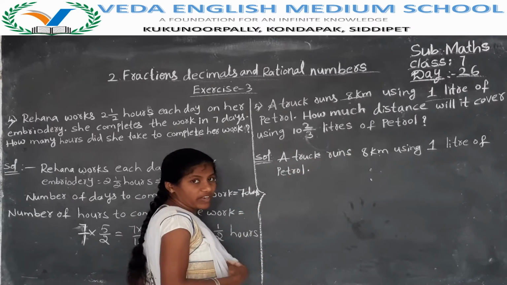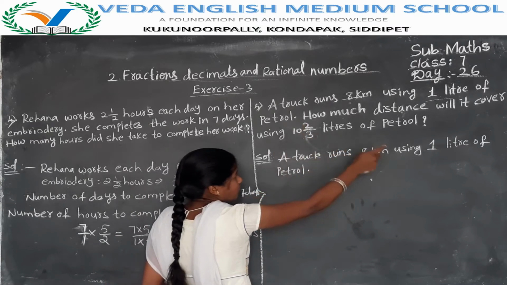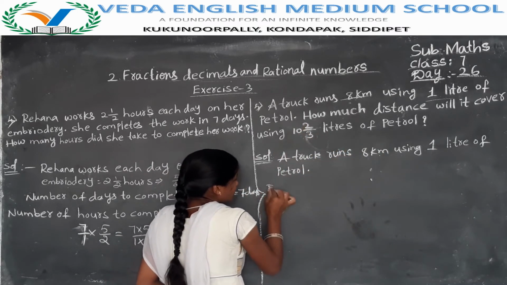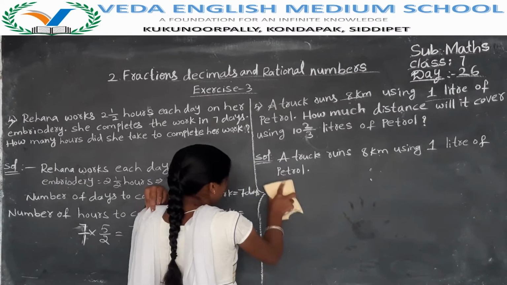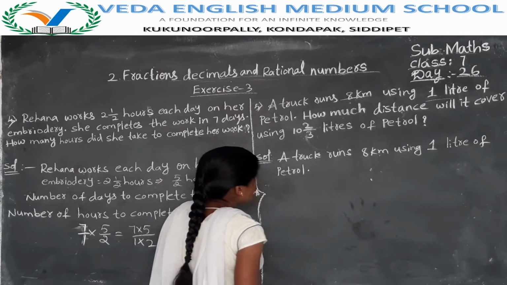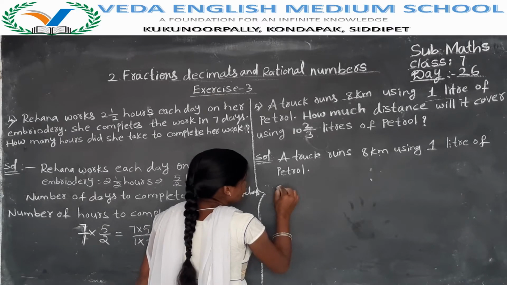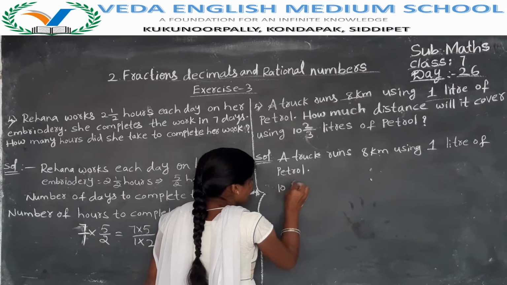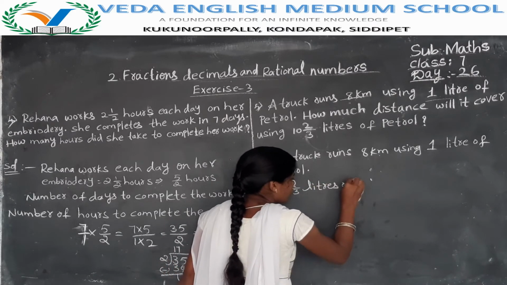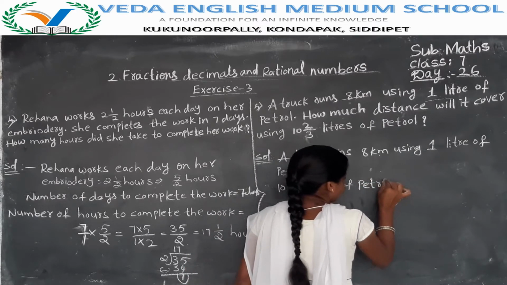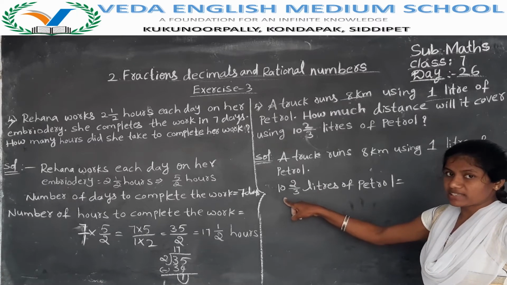Here we have to find the distance. Total distance is equal to 10 into 2 by 3 liters of petrol. Now, by using 10 into 2 by 3 liters of petrol, how much distance will it go?